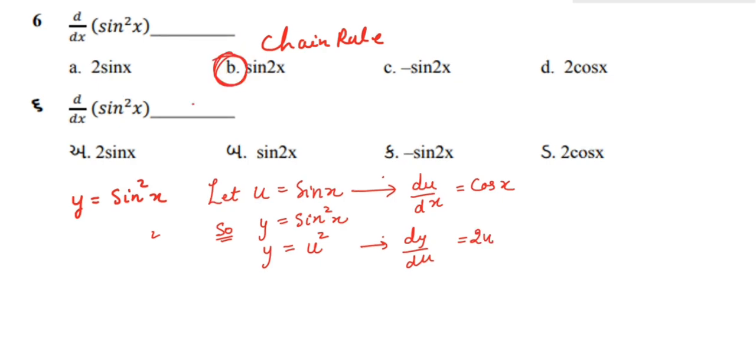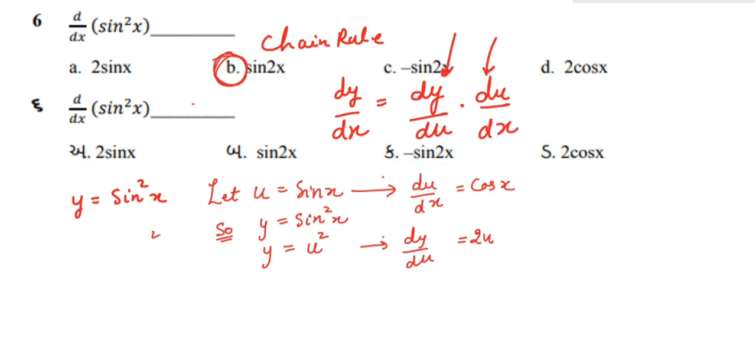So dy by dx will be equal to dy by du multiplied by du by dx. Both values we have already found.